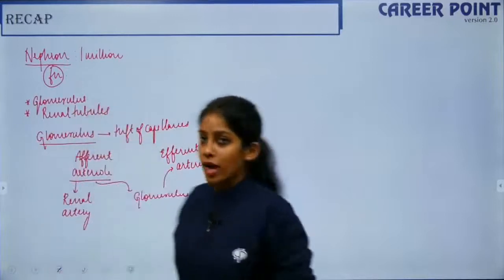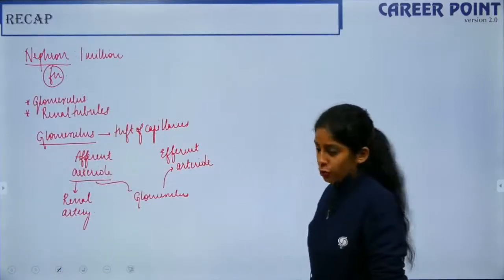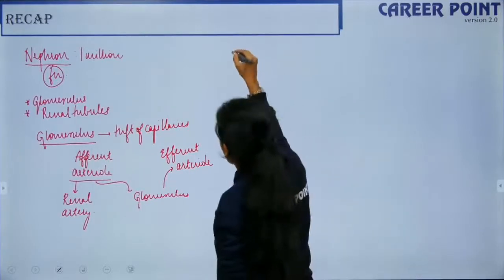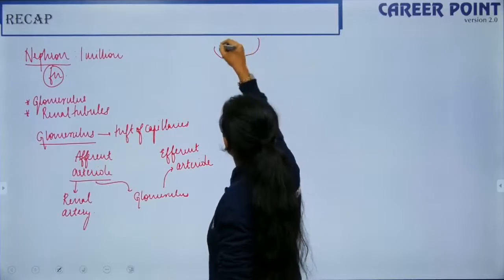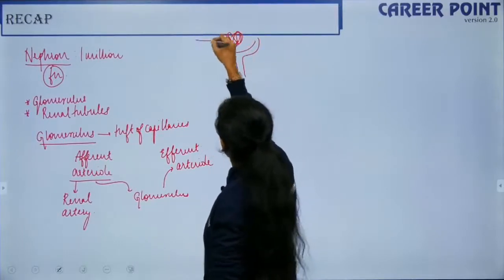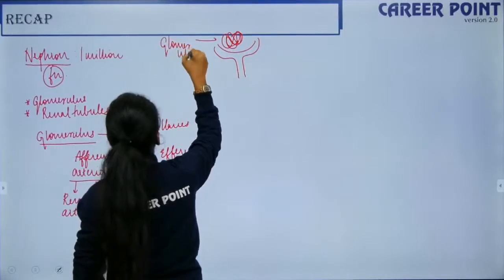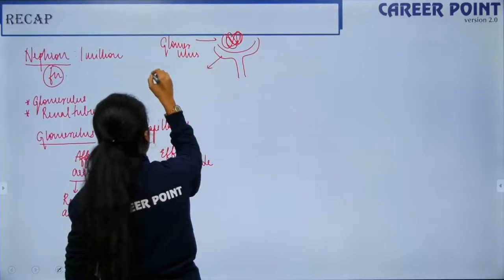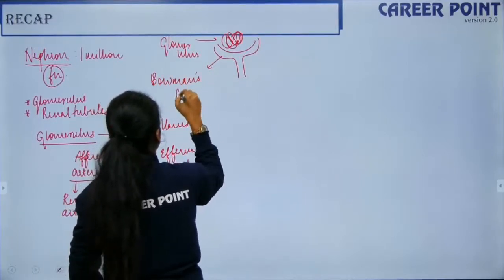Now we are going to talk about the renal tubule. The renal tubule extends from a cup-shaped structure. You have a cup-shaped structure like this. This is your glomerulus and this is your Bowman's capsule.